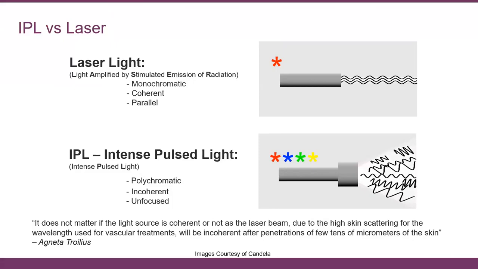However, with intense pulsed light, this isn't a single wavelength, it's a range of wavelengths. Because it's that range of wavelengths, it has a number of different colors in it, so we call this polychromatic. It's incoherent because each one of those colors is a different wavelength.